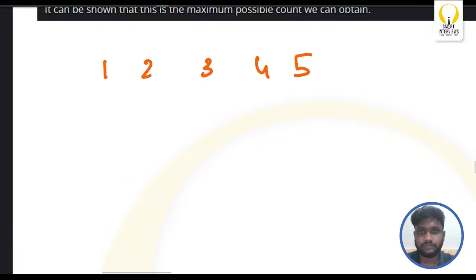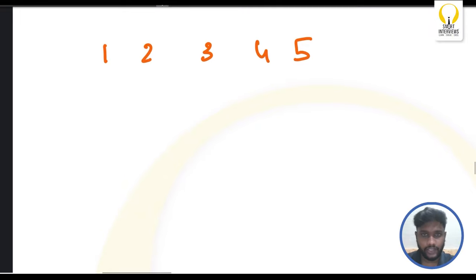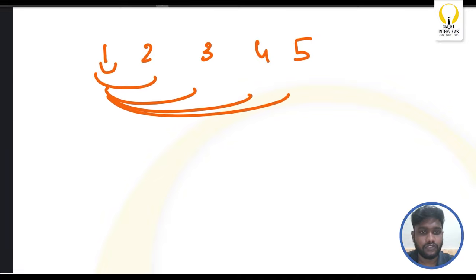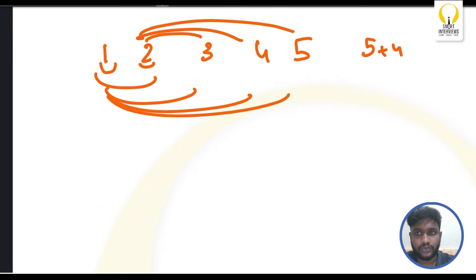First of all, we have 5 elements, so the number of subarrays starting with the first element is 5: 1, 1 2, 1 2 3, 1 2 3 4 and 1 2 3 4 5. The number of subarrays starting with the second element is 4, so 5 plus 4, and like this 3 plus 2 plus 1.